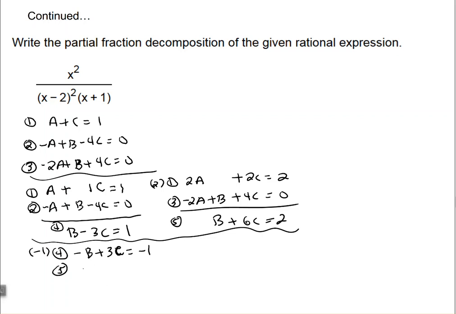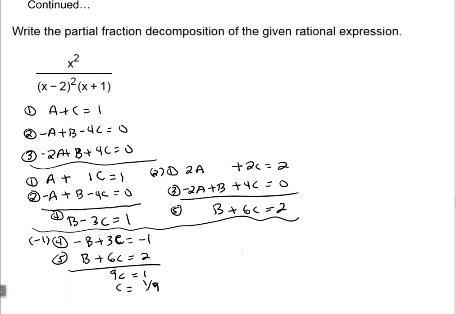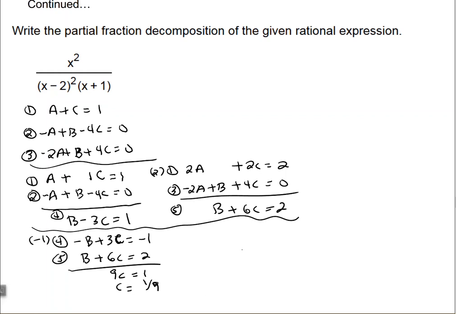Equation 5, I'm leaving it like it is. Okay, so we end up with 9C equals 1. Therefore, C equals 1/9. All right, so now I know the value of C is 1 over 9.